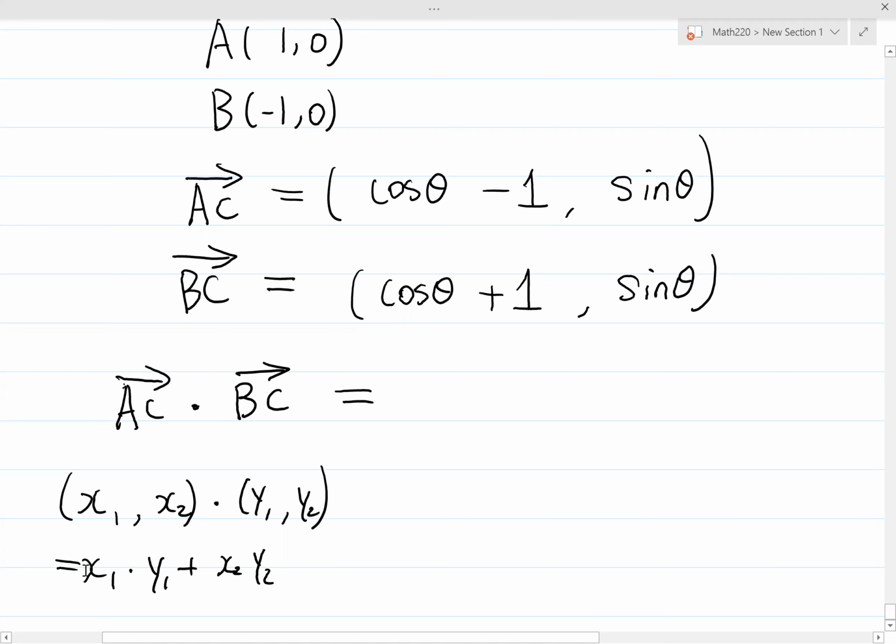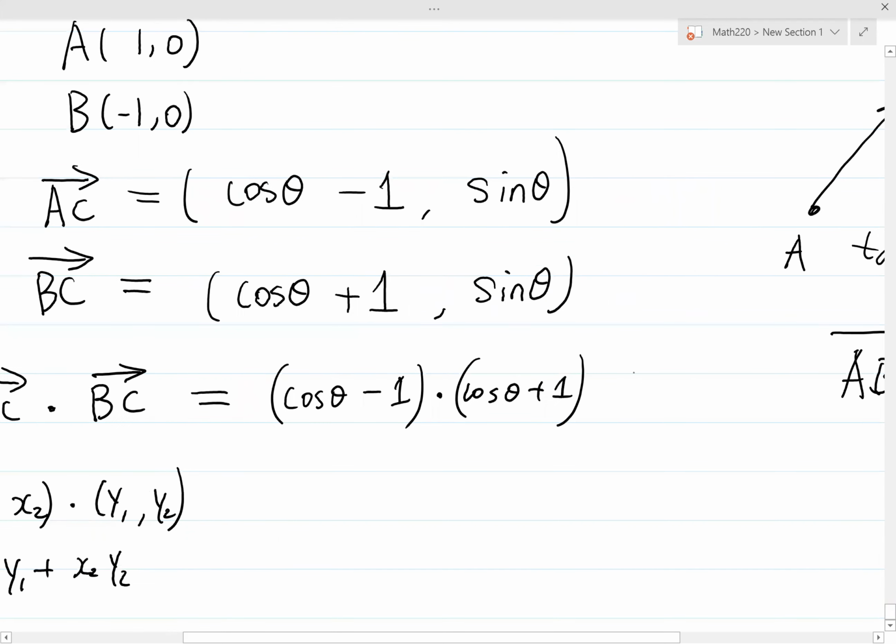So we multiply the first coordinate by the first coordinate: cosine theta minus 1 multiplied by cosine theta plus 1, and then plus the second coordinate times the second coordinate, sine theta times sine theta.